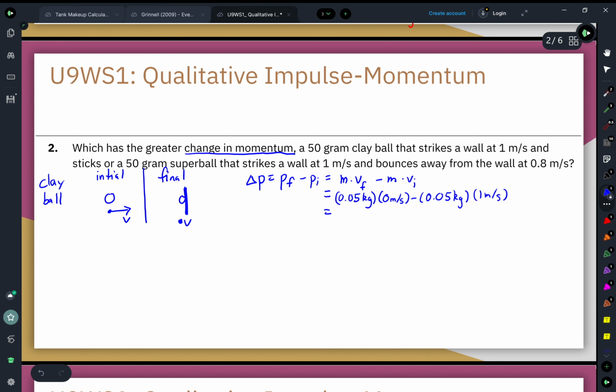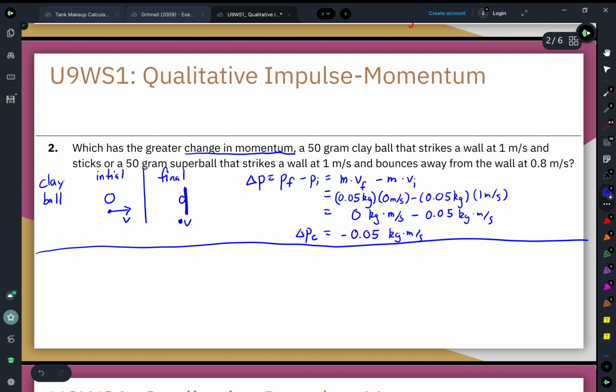So for the clay ball, the change in momentum is 0 kilograms times meters per second minus 0.05 kilograms meters per second. 0 minus 0.05 is negative 0.05 kilograms times meters per second, and that is the change in momentum of the clay ball.